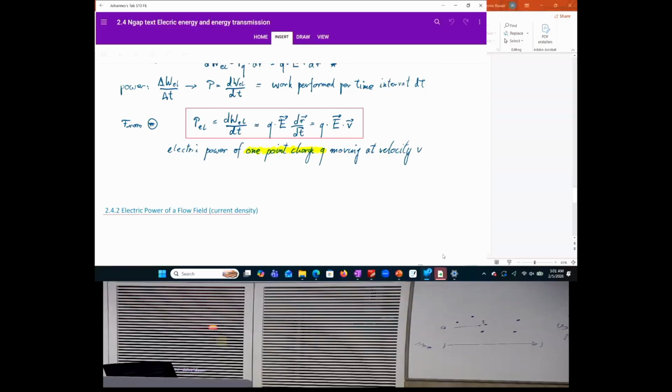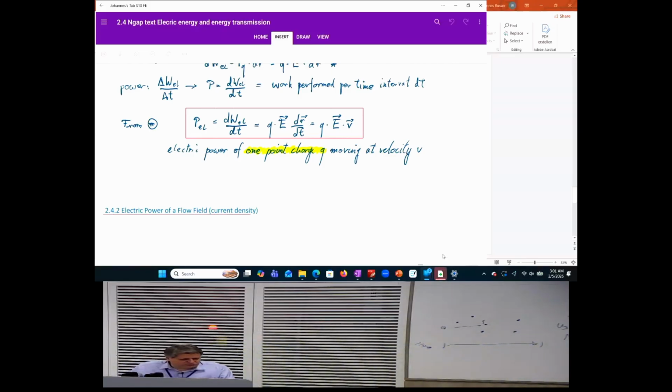This holds true in general, but you'll see that it becomes not particularly useful by itself. How we further develop that is, however, we see that basically that would be our velocity vector. So this holds true in general. So the electric power of one point charge moving at the velocity v is given in this expression.